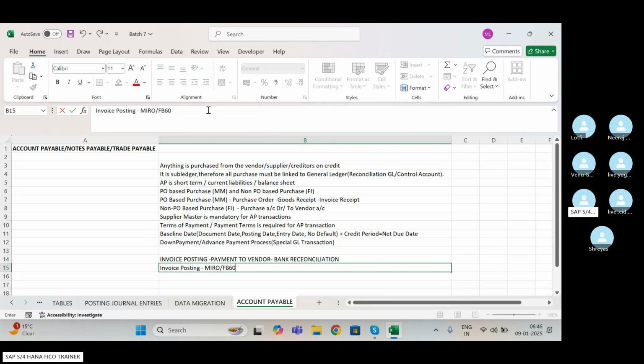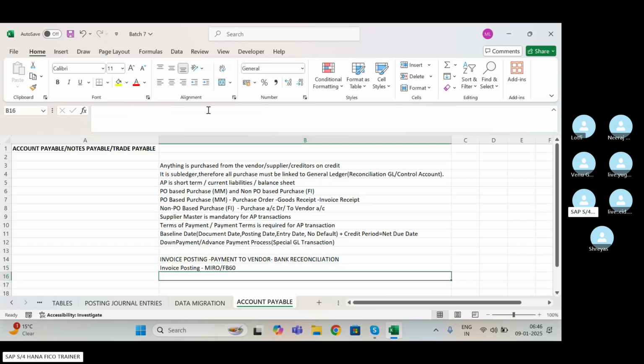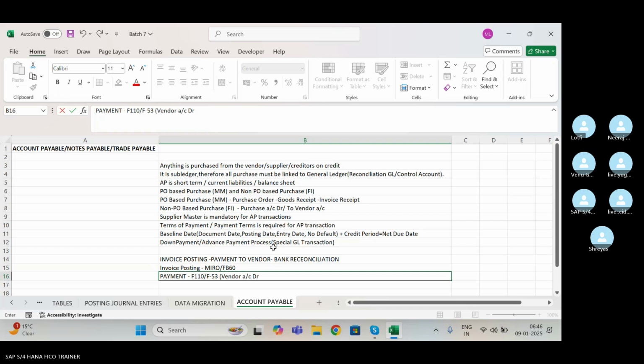Okay, there are other so many T code. Now payment to vendor, payment either you can do from the automatic payment program, that is F110, or from manual payment, that is F.53. So when you do the payment, your journal entry will be vendor account debit, bank outgoing account.